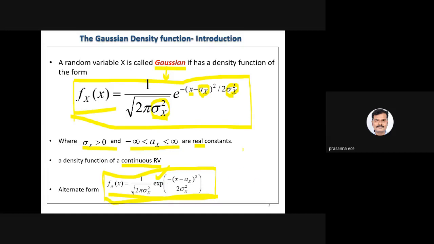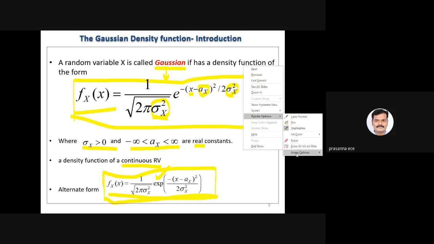Now we have to see how it looks, that is, how to visualize this Gaussian function. If we plot the function f_X(x), how does it look?